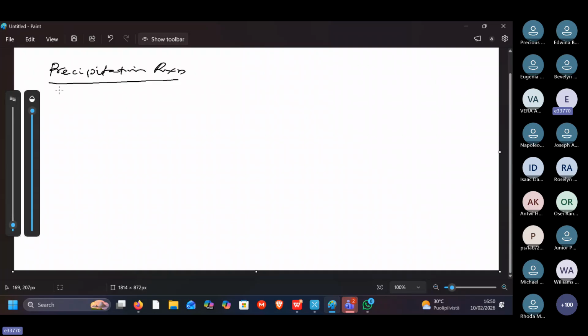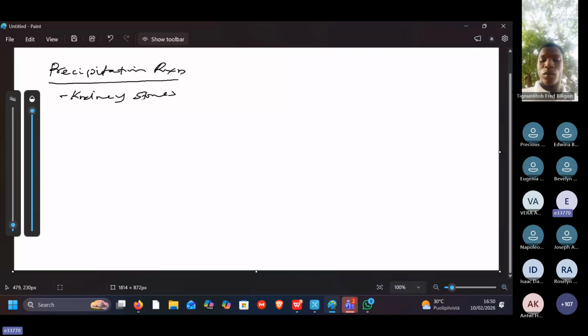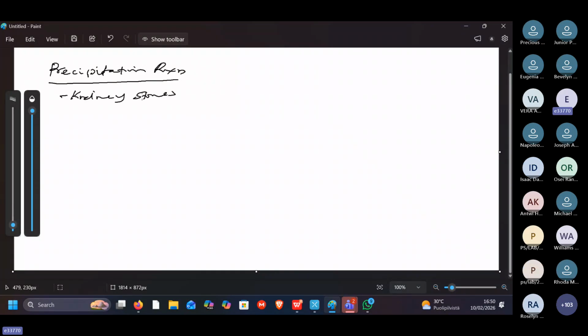For example, we know of kidney stones. I don't know if you are aware of kidney stones. Please, have you heard of that? Yes, sir. These are like calcium carbonate or so, and this basically forms precipitates which settle down, and sometimes it hardens and becomes so hard.